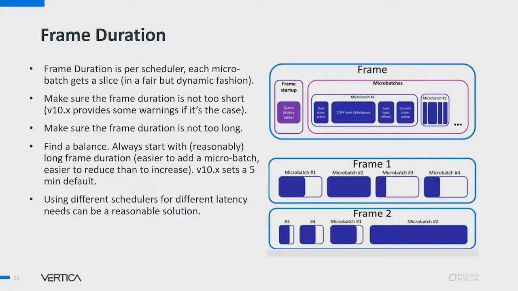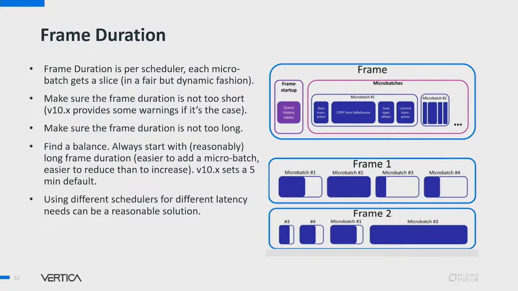Even inside a microbatch, there will be operations like starting the transmission. Most of the time should be used for executing the actual copy, but this is not what all of the frame duration is used for. So if we specify, let's say, a frame duration of 10 seconds, not all the 10 seconds are used to load data from Kafka to Vertica.